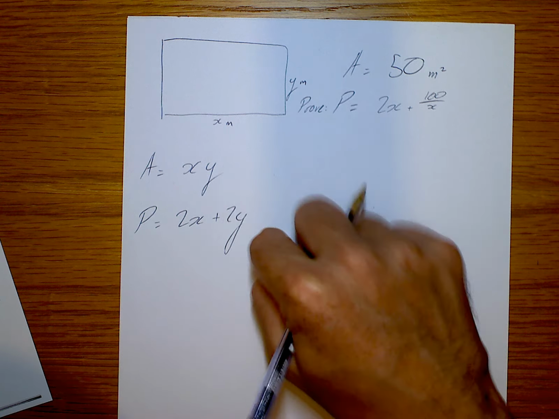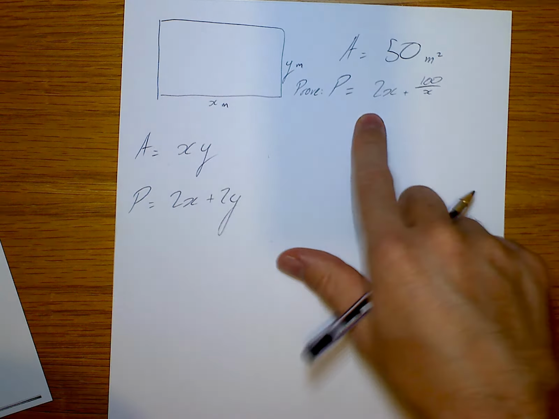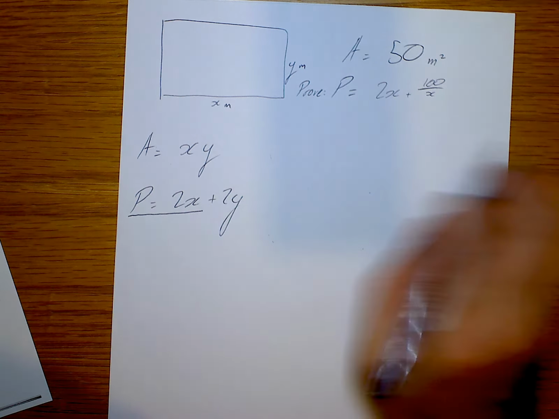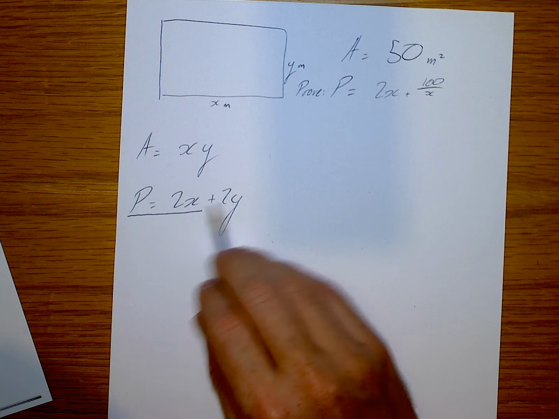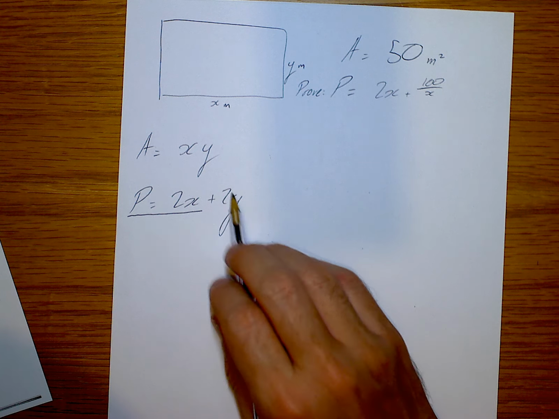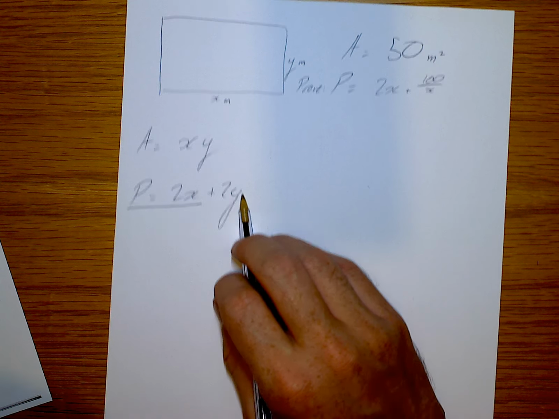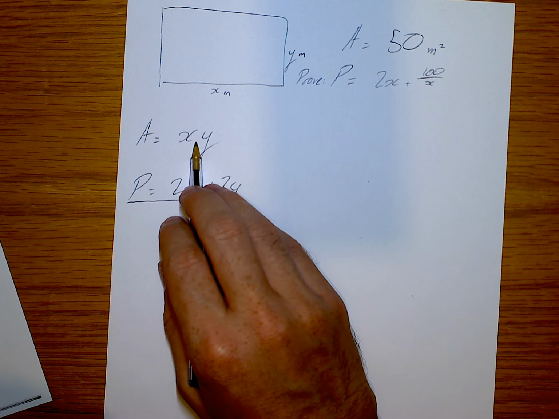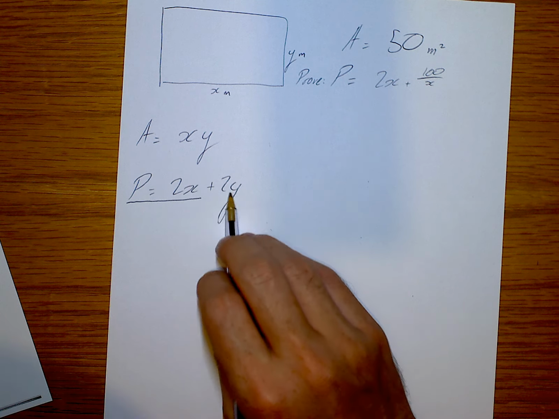So we have these two equations, and we need to prove this. Well, we're already halfway there. We've already got p equals 2x. We just need to rejig this into terms of x, then substitute it back into here.